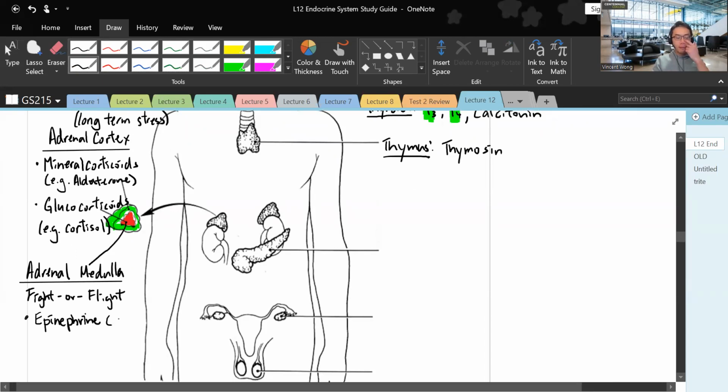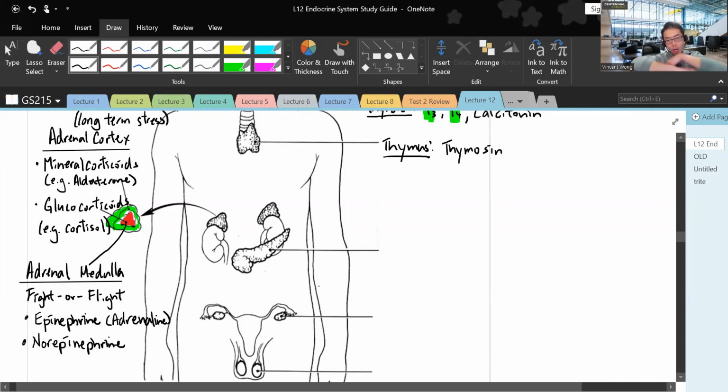Epinephrine is just another name for adrenaline. It's the exact same thing, okay? And then there is one that is related to epinephrine with overlapping function. It's called norepinephrine, or noradrenaline. I don't have space, so I'm not going to put it.